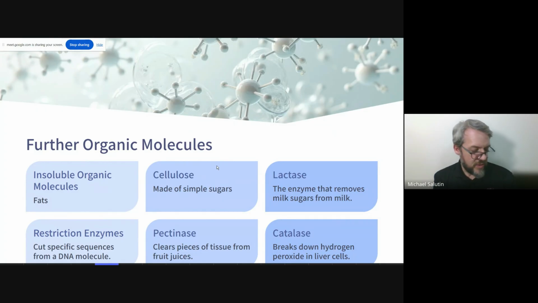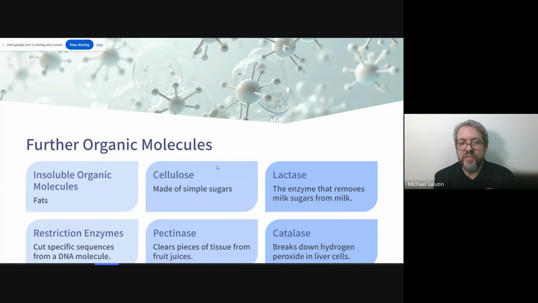And then at that point, you may become lactose intolerant, which basically means you just don't produce lactase, which breaks down the milk sugar lactose into simple sugars. So you cannot digest the lactose sugar in milk.